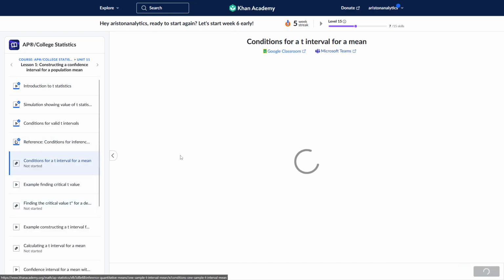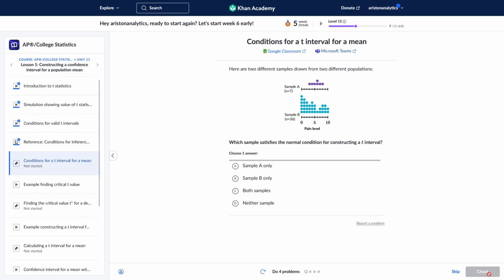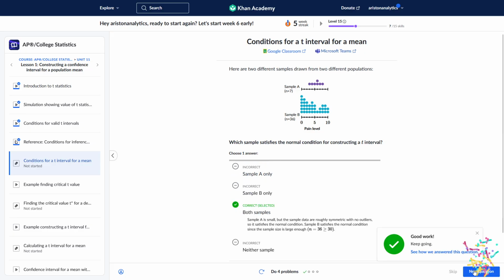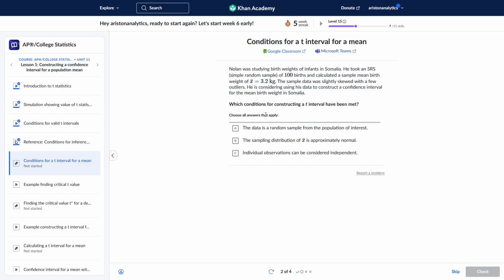Let's try an exercise. Which samples satisfy the normal condition for constructing a t-interval? Neither sample. I would say sample A maybe. That's roughly symmetric. Sample B, n equals 36. Maybe both samples. SRS.